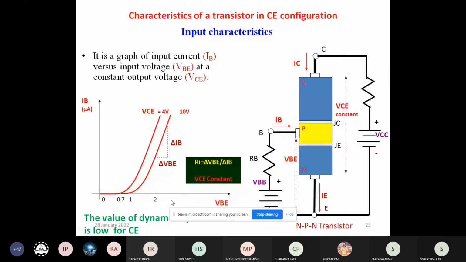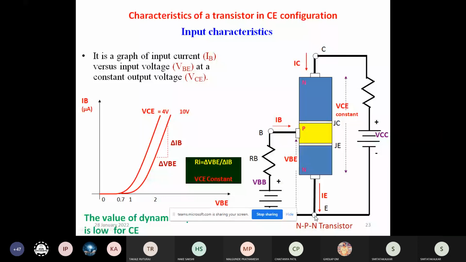According to the input voltage increases, the current IB in the base resistor also increases. The first part you can understand: from the base terminal to the emitter terminal on the input side, the transistor goes to forward bias, because the P region is creating a negative charge, and the N region through the emitter terminal is connected to the positive charge.